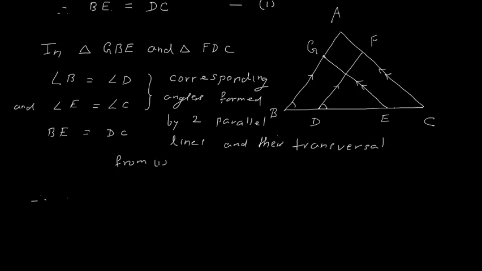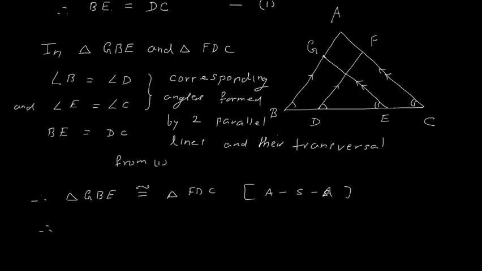So therefore you have triangle GBE is congruent to triangle FDC. The criteria is angle side angle criteria. This angle and this angle is equal. So angle side angle, angle side angle.